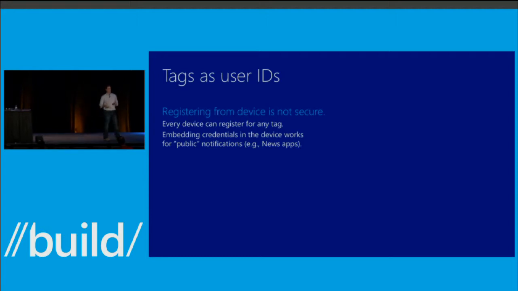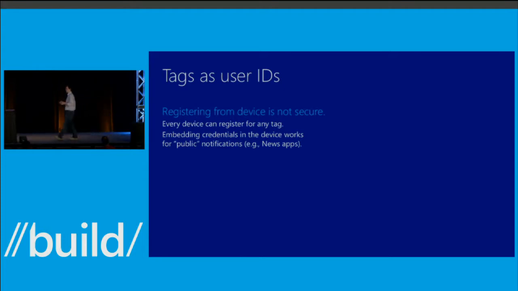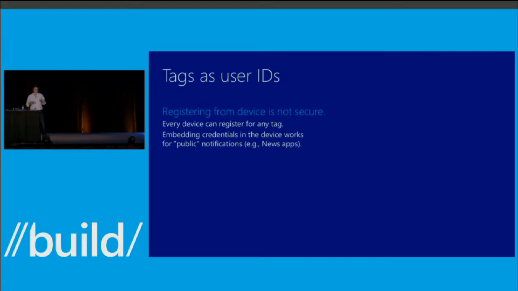That allows creating any registration for any channel URI for any tag. I do not want anybody to register for a tag that is user ID colon Elio that is not me. Otherwise, my notifications will go somewhere else. So the previous scenario works really well for apps that are sending public notifications.